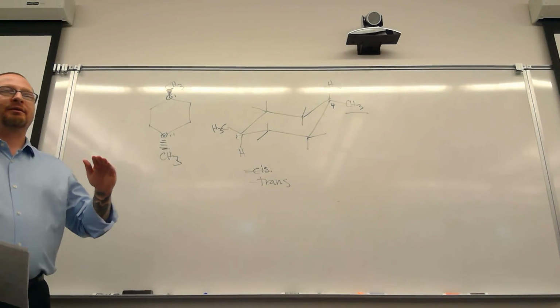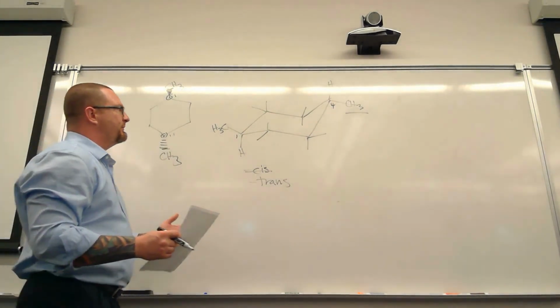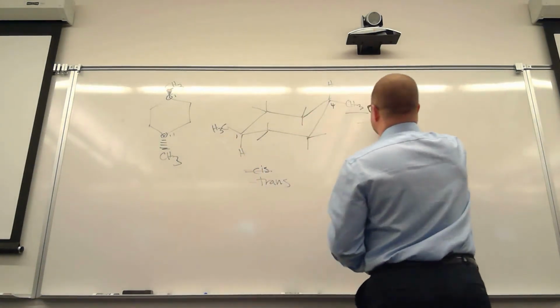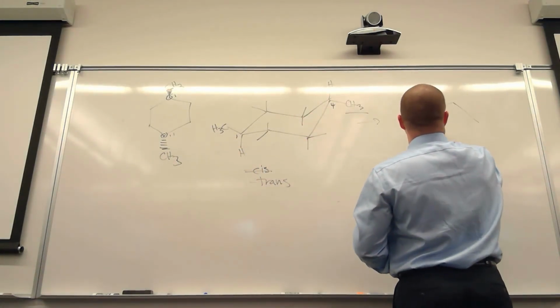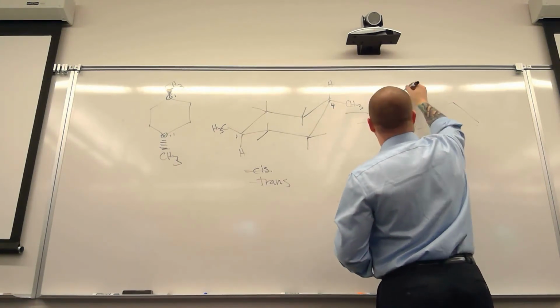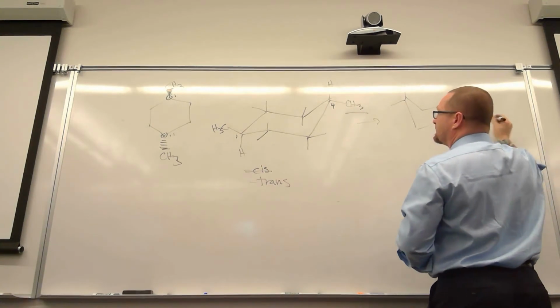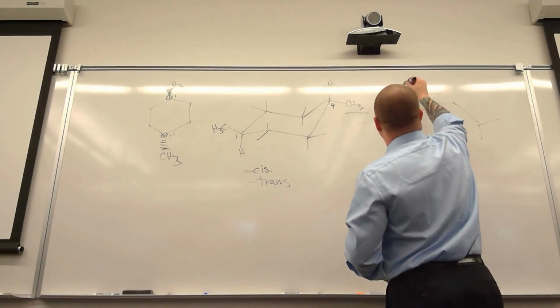This is why that up and down tracking becomes so important, because then if we ring flip this, the top stays the top, the bottom stays the bottom.